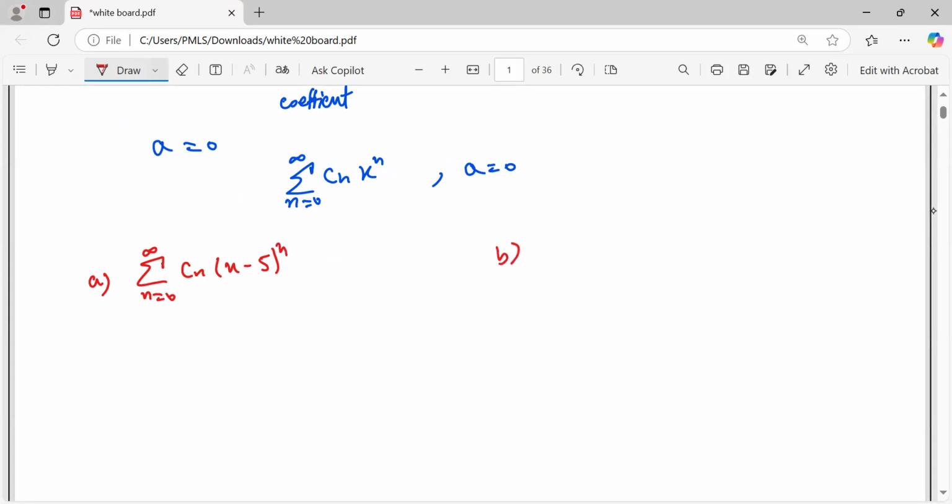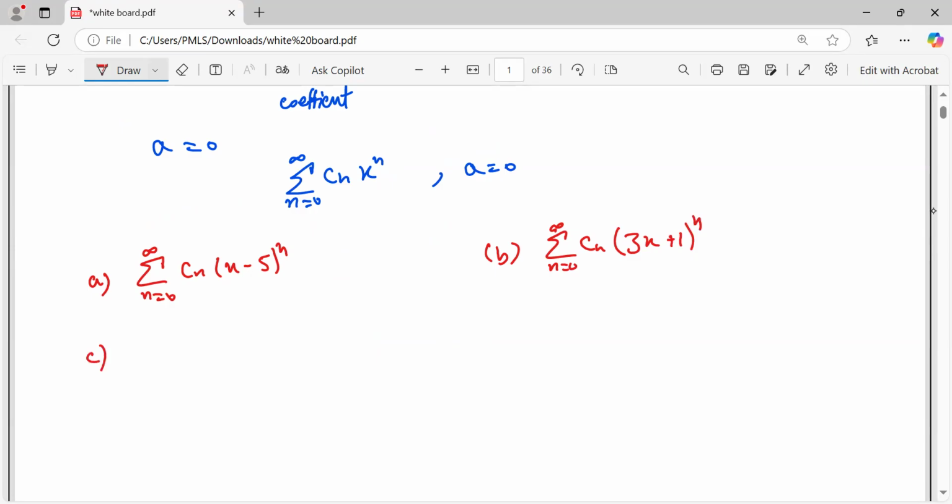B: summation n equal to 0 to infinity Cn (3x plus 1) raised to power n.